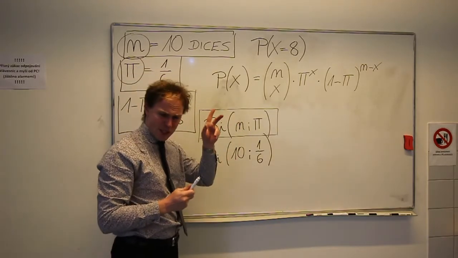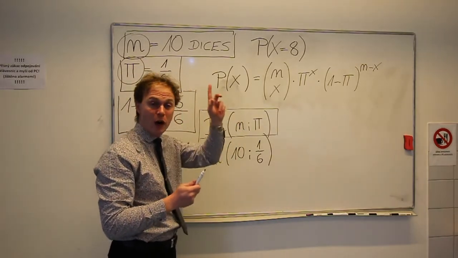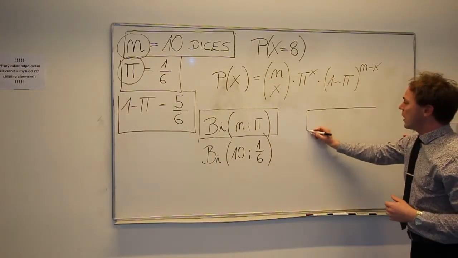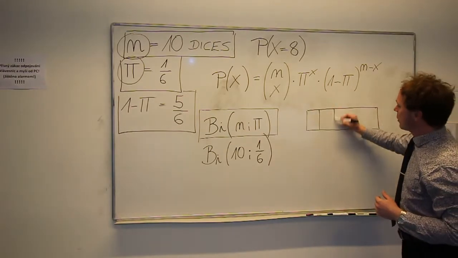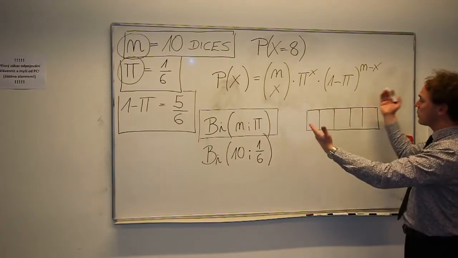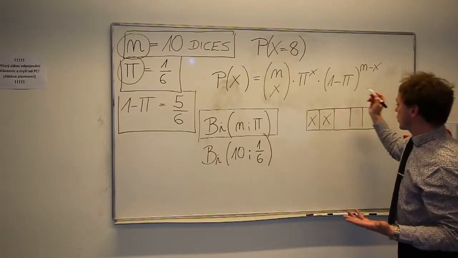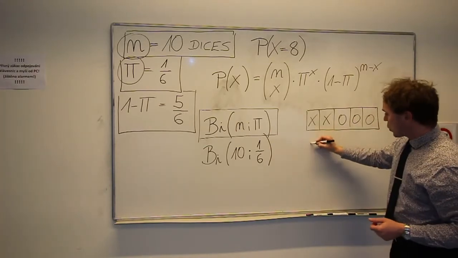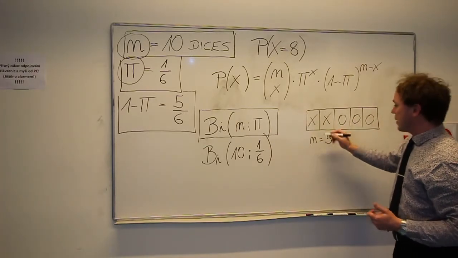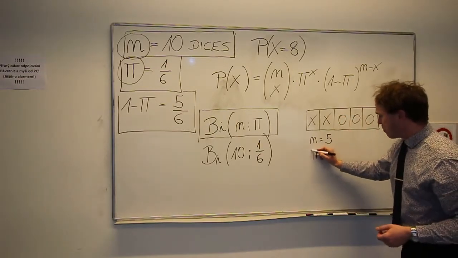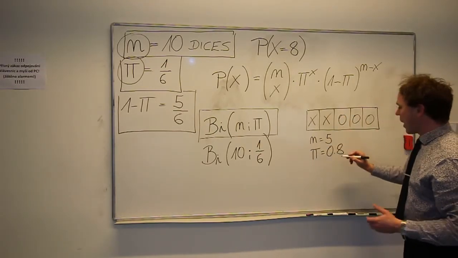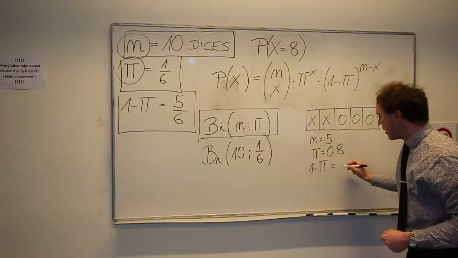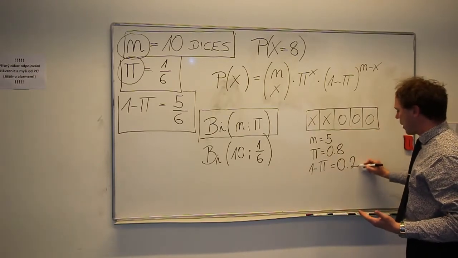You remember this situation in the case of the sport shooter. The sport shooter has 5 independent shots, 1, 2, 3, 4, 5, at the biathlon, and there was a question on the number of shots. Do you remember? We also had n equal to 5 independent shots, probability p 0.8 that a shot will be in the target, and 1 minus p is the probability that a shot will be out of the target.